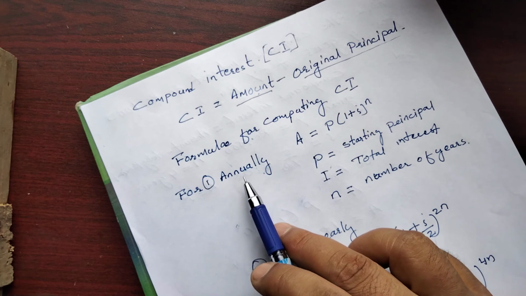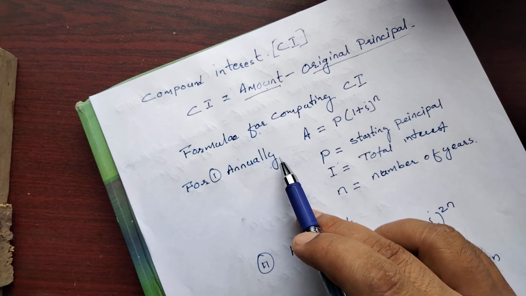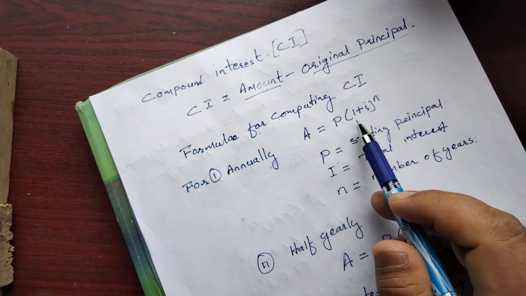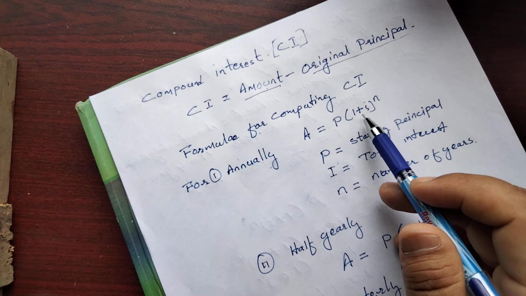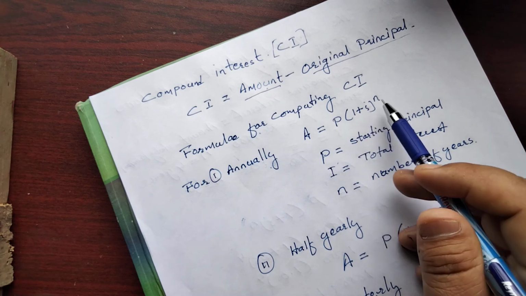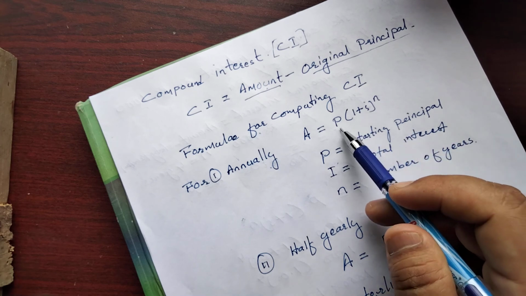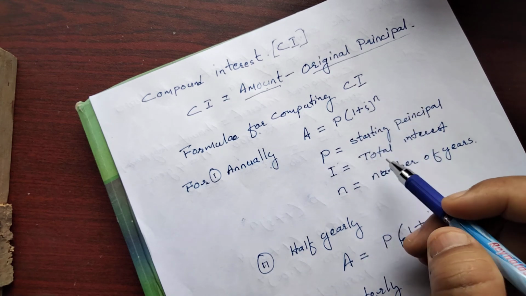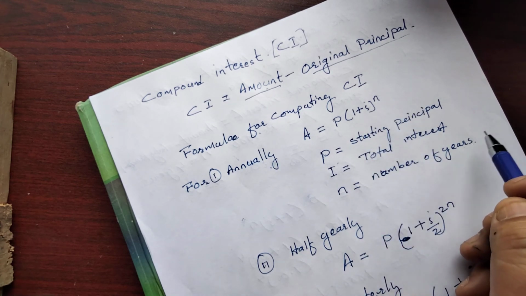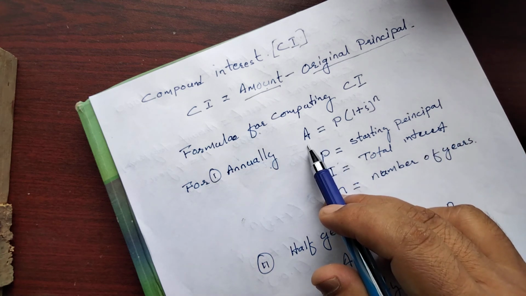If the interest is charged annually, then you have to use this formula: A, the amount, is equal to P(1 + I)^n, where P is the starting principal, that is the original principal, I is the interest rate, n is the number of years for which you have borrowed money, and A is the amount, the sum assured.